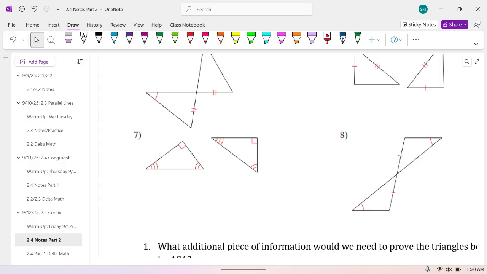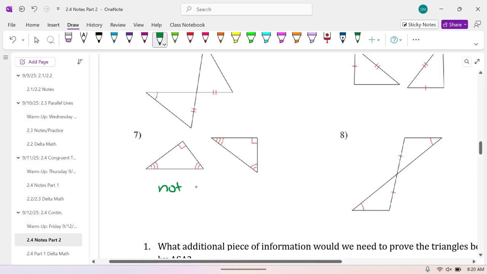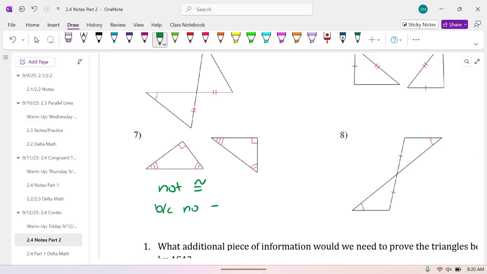Even though these look like they're the same size, we cannot assume they're the same size because for all we know, they're not drawn to scale. So even though we have 3 congruent angles, we cannot assume it's congruent because there's no congruent sides marked.